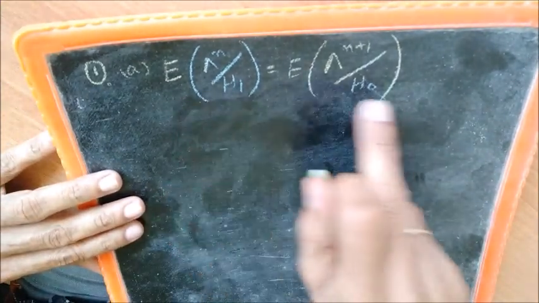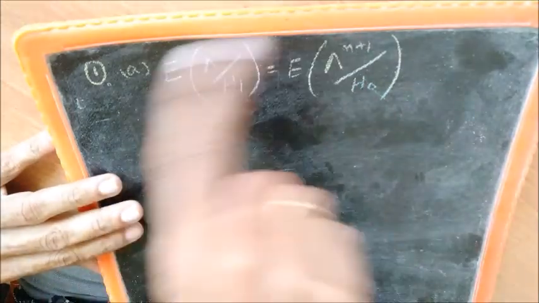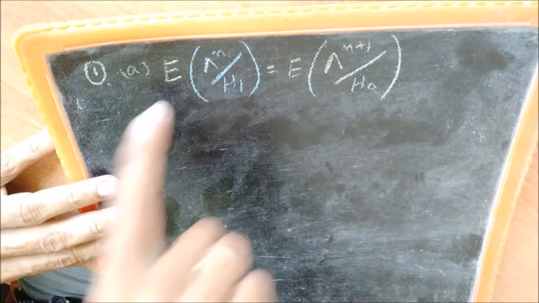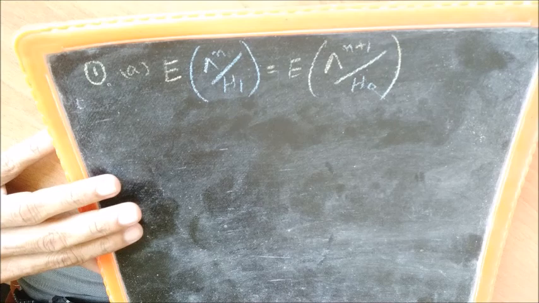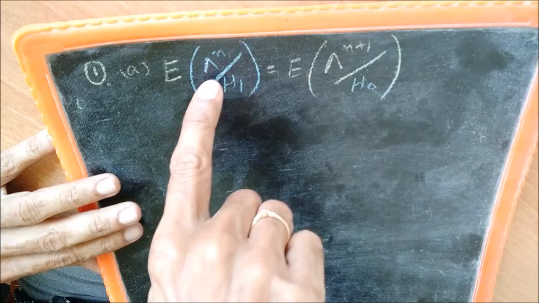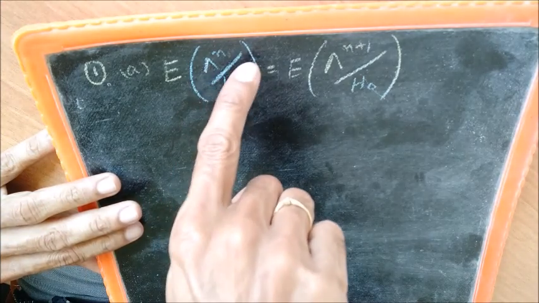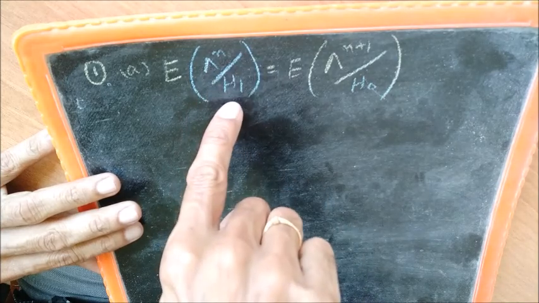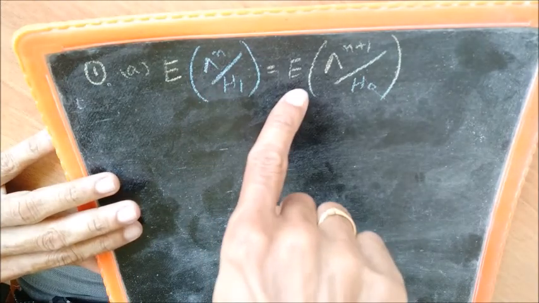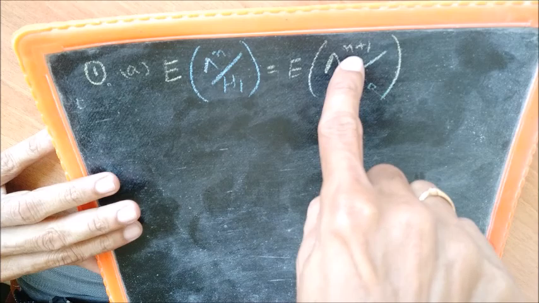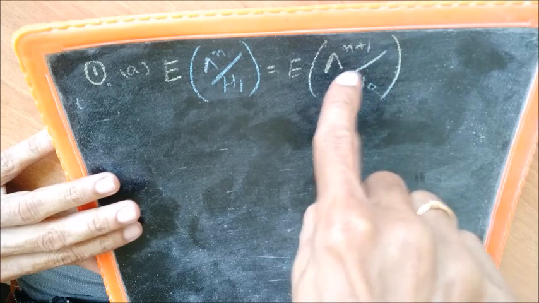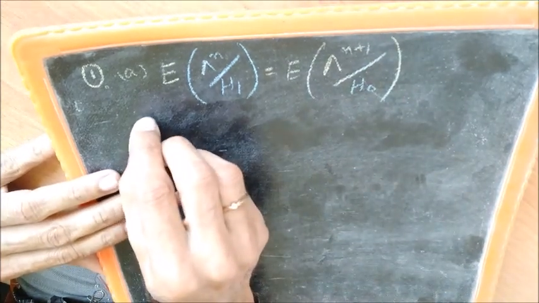So the first bit of this question asks us to show that the expected value of the nth power of lambda, the likelihood ratio, given that h1 is true, will be equal to the expected value of the n plus 1th power of the likelihood ratio given h0 is true.